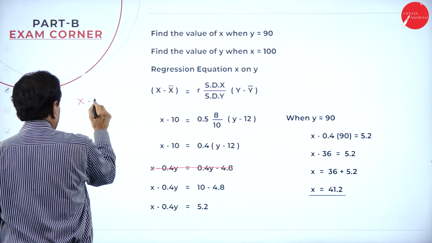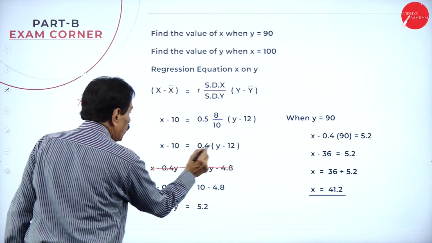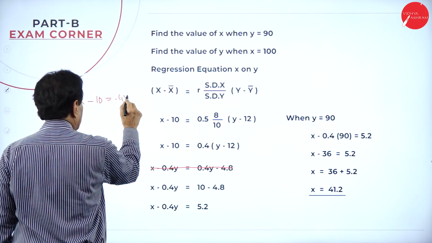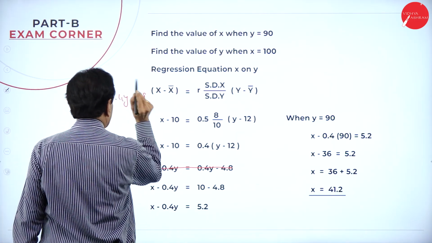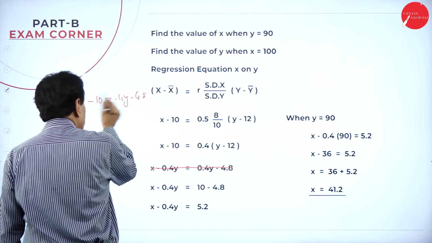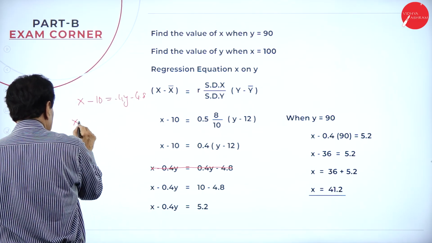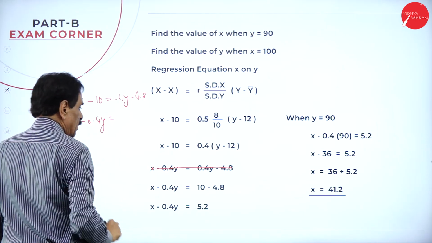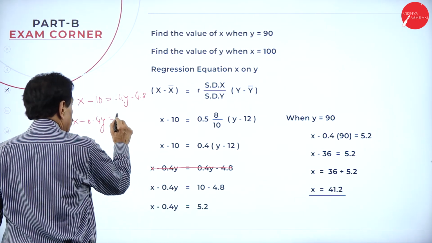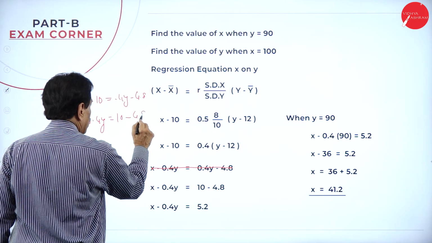X minus 10 equals 0.4 into Y, that is 0.4Y. 0.4 into 12 is 4.8. If we take the Y here, X minus 0.4Y, and take the 10 across, it becomes positive 10 minus 4.8.